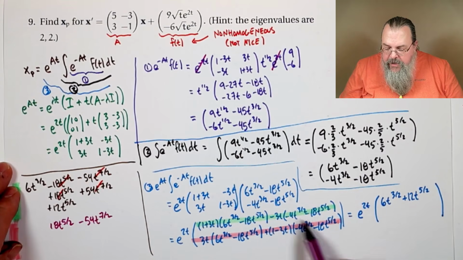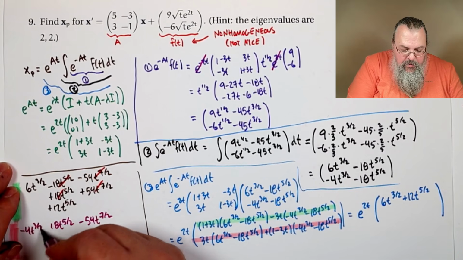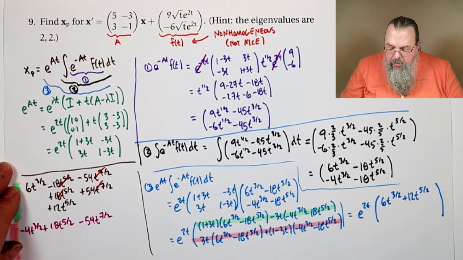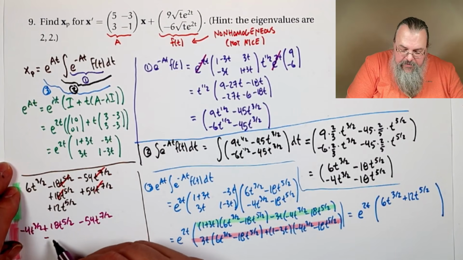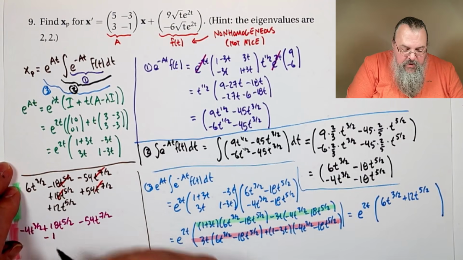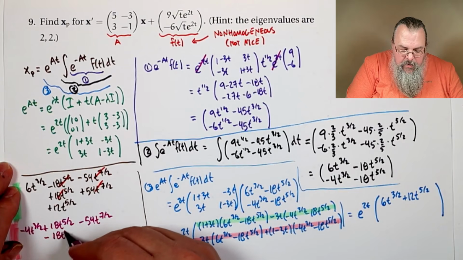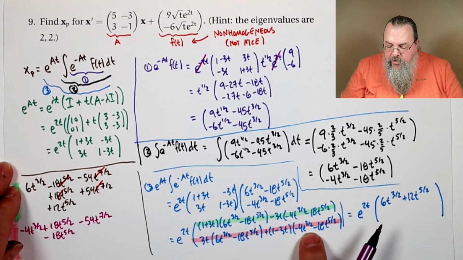Then we'll get a minus 4t to the 3 halves. A minus 18t to the 5 halves, right? 1 times minus 18. And then we'll have a minus 3t times a minus 4t to the 3 halves.